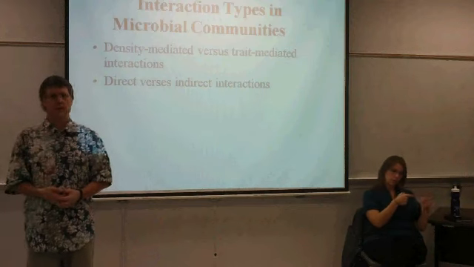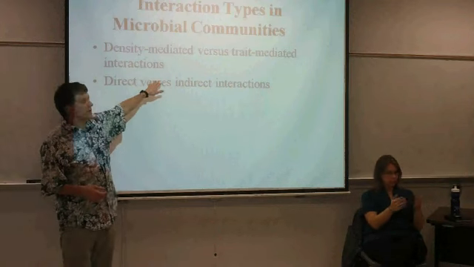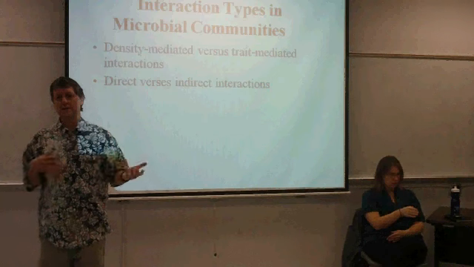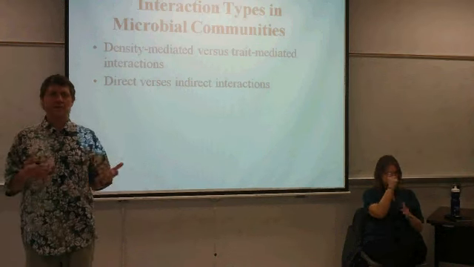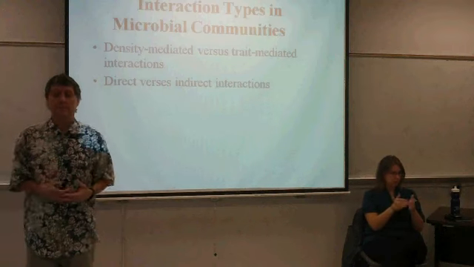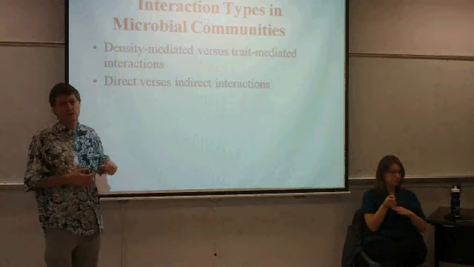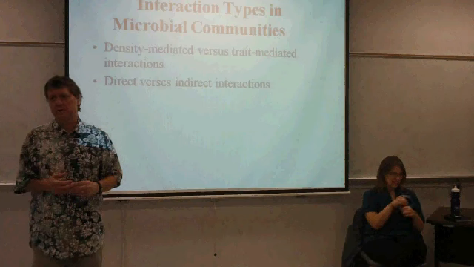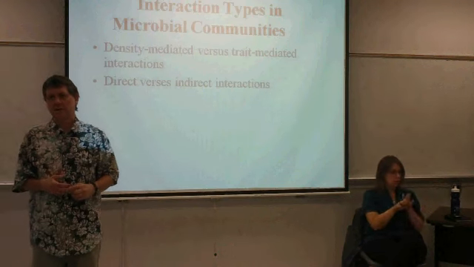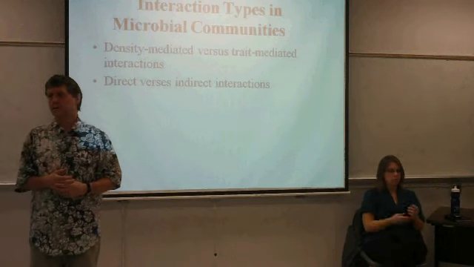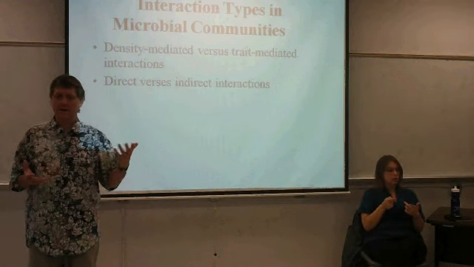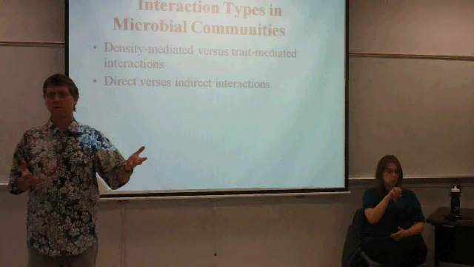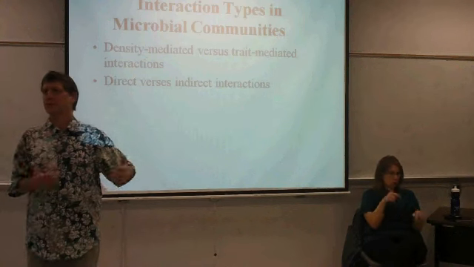Trait-mediated interactions are less direct, in the sense that there are ways that species interact that have arisen from evolution that oftentimes keep them from interacting in a density-mediated way. An example of this would be a predator avoidance response that's evolved, where it doesn't matter how many predators there are, you just don't go where predators tend to be, right?